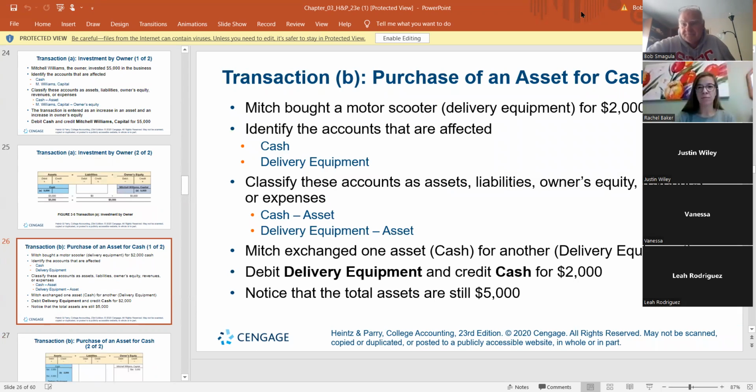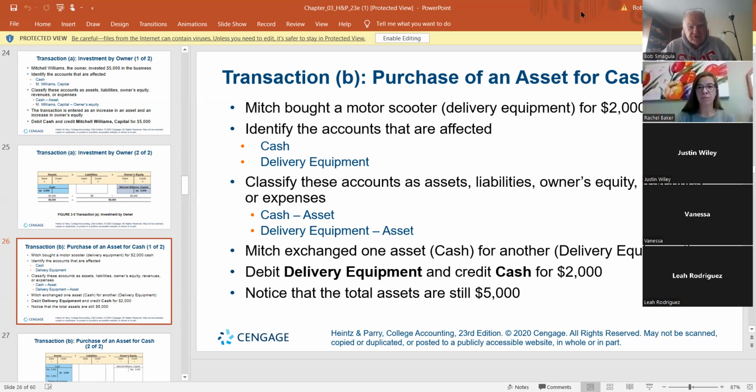Purchased an asset, a motor scooter, for $2,000 cash. Okay, let's think about this. Well, we know cash is going down, and we know we have another asset in place of it called delivery equipment. Cash is an asset, and so is delivery equipment.